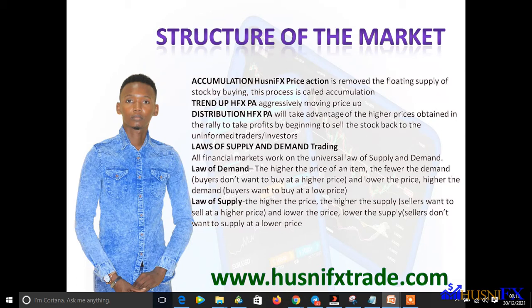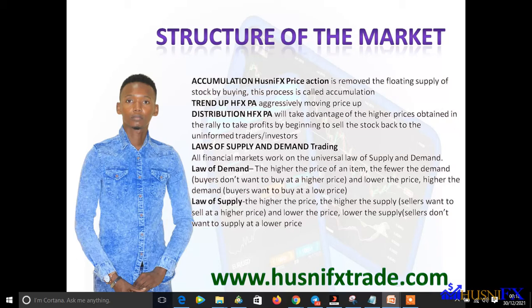Laws of supply and demand trading. All financial markets work on the universal law of supply and demand. The law of demand means the higher the price of an item, the lower the demand; buyers don't want to buy at a higher price, and the lower the price, the higher the demand; buyers want to buy at a lower price.